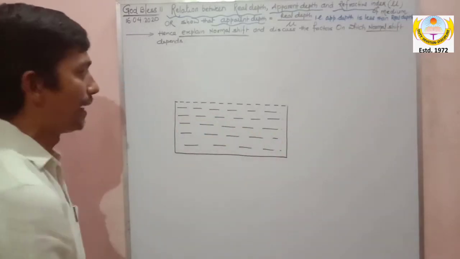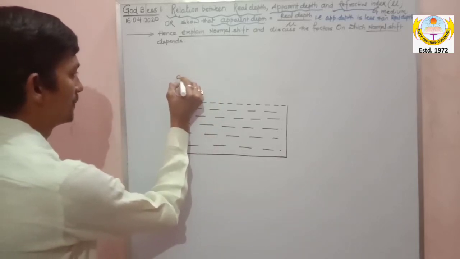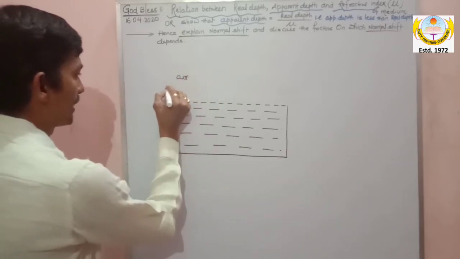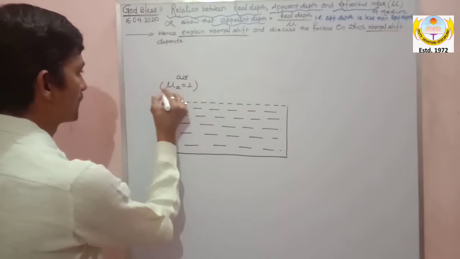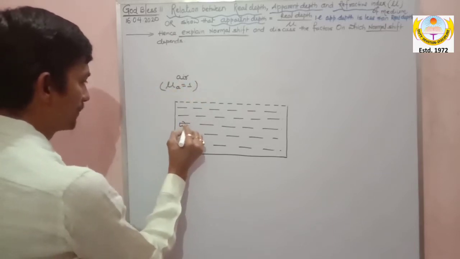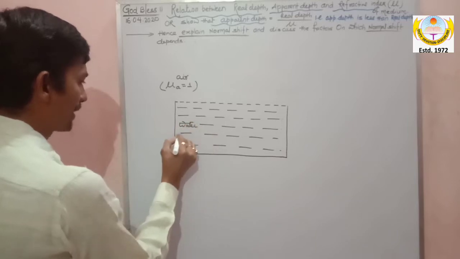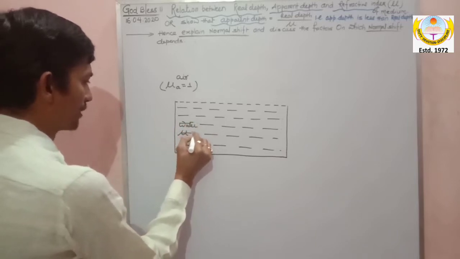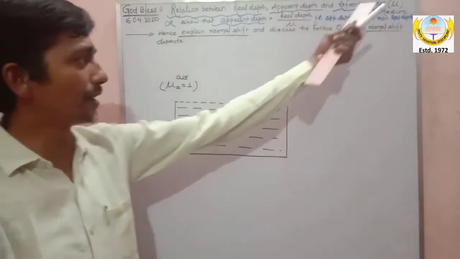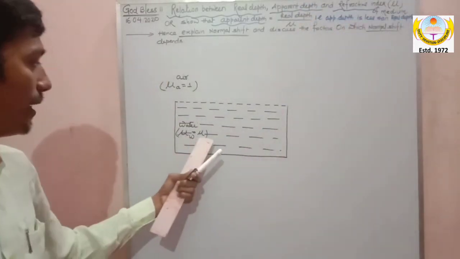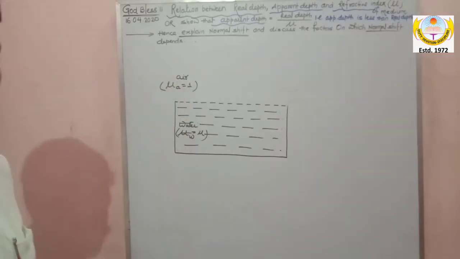Now my dear, here this is air. Let the refractive index of air be mu A and that is equal to 1. And this is water. Let refractive index of water be mu. It is given in the question as mu. So mu W is mu. This is water, this is air.